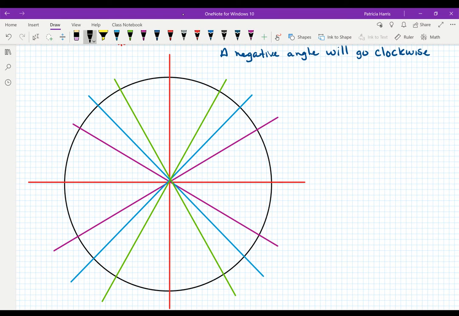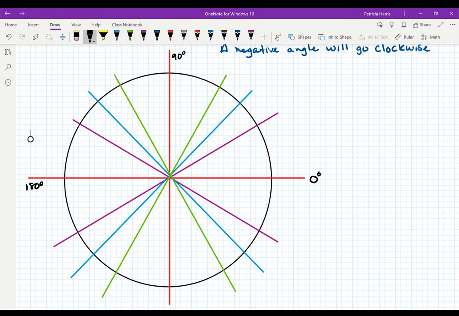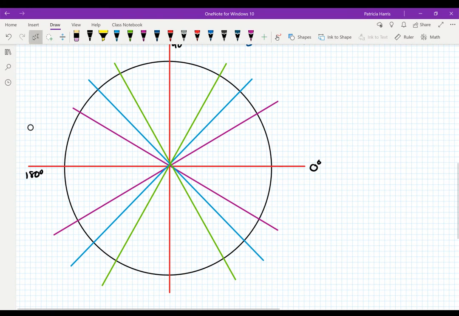Here, this angle is 0 degrees. If I go up to the positive Y axis, this is 90 degrees. If I continue all the way to the negative X axis, that would be 180 degrees. And if I go down a little bit farther to the negative Y axis, that would be 270 degrees.